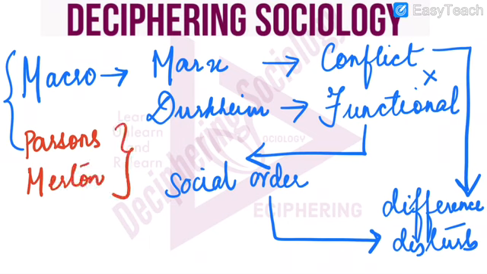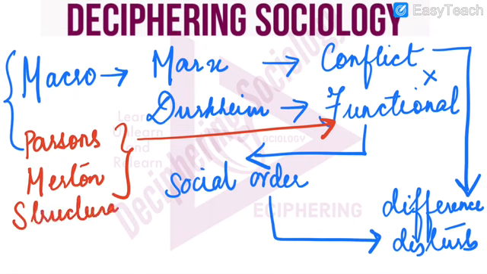They are functionalists or they belong to the same school, or as some of them call them as structural functionalists. Sometimes they like being called by this name because there is certain difference between the original functionalist school of thought and structural functionalism.